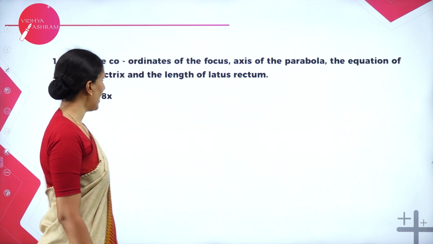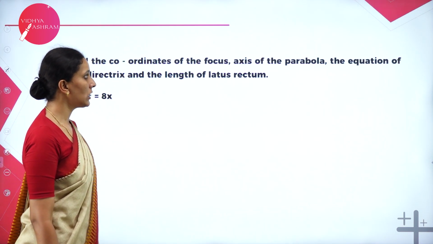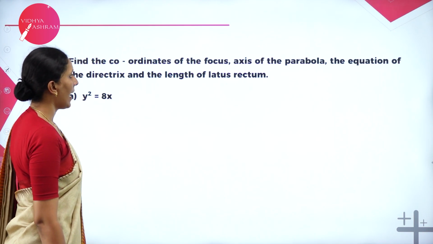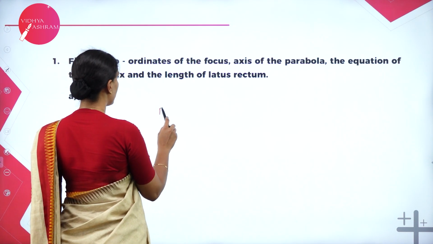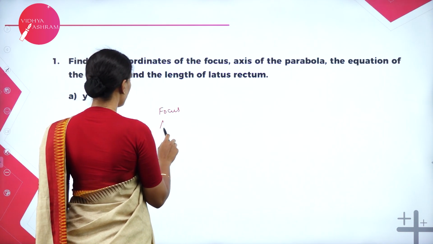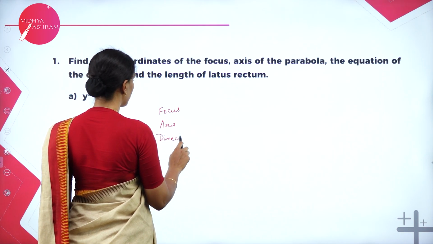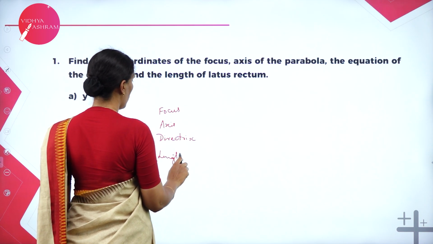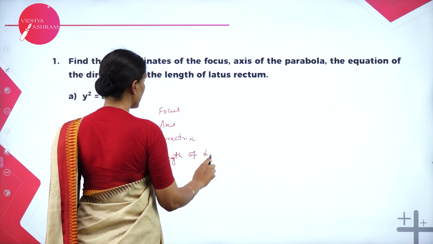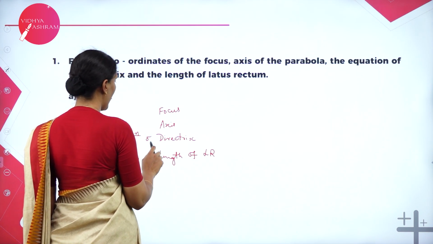So the next one we have: find the coordinates of the focus, axis of the parabola, the equation of the directrix and the length of the latus rectum. So first let's write focus, axis, directrix, length of latus rectum, I'll write it as LR, and here I'll write equation of directrix.